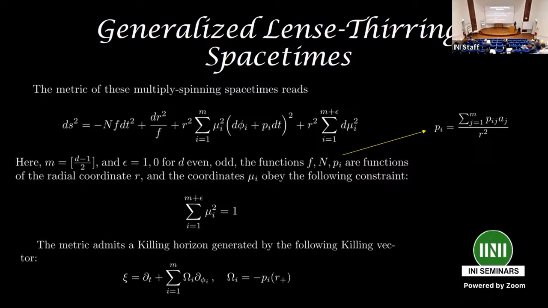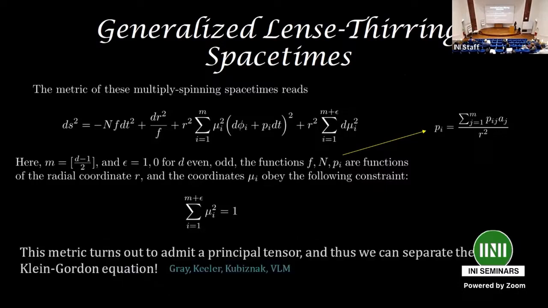It would be interesting to work in a spacetime that doesn't admit such a thing, but they all have this Killing vector. And this metric, as I've mentioned before, turns out to admit a principal tensor that we will not discuss, but it's a cool thing that it does.